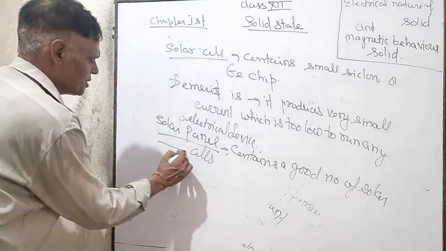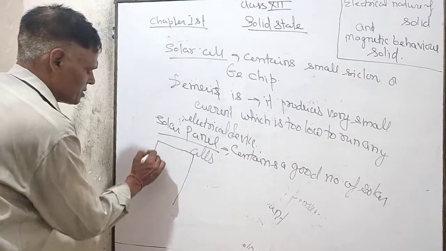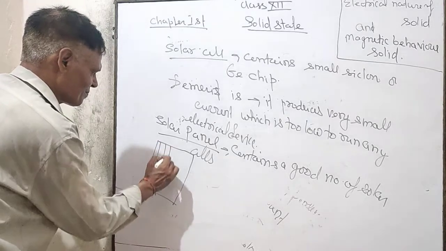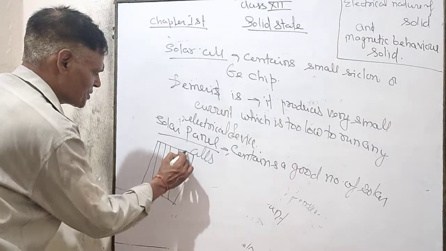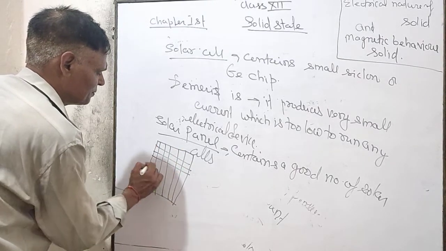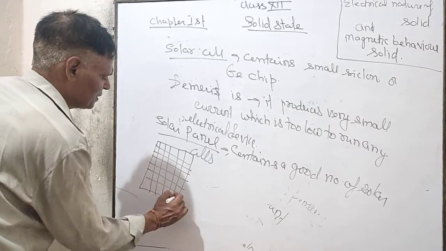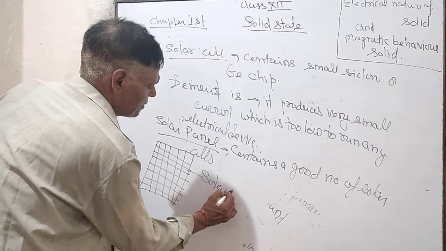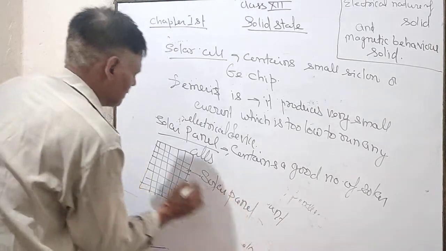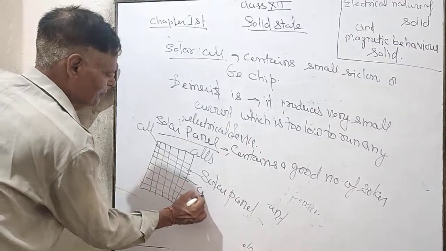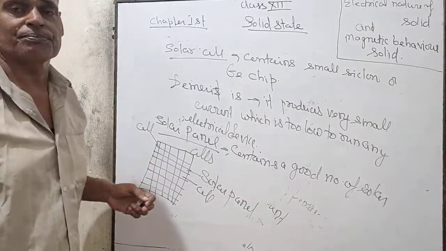You must have seen these kinds of structures on the roofs of houses. Here, this is a cell, and different cells are here.